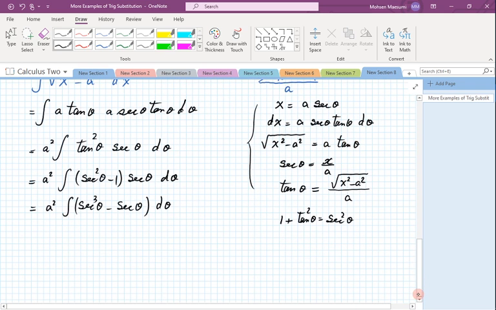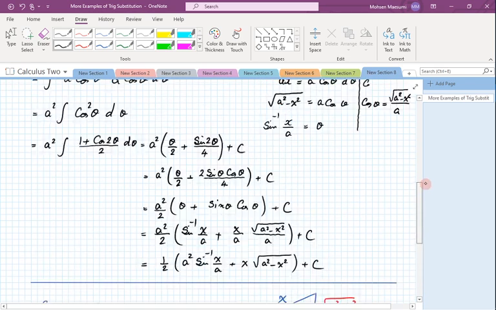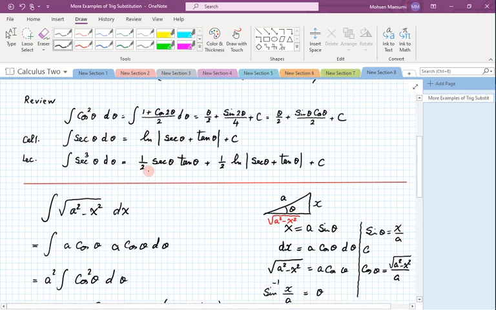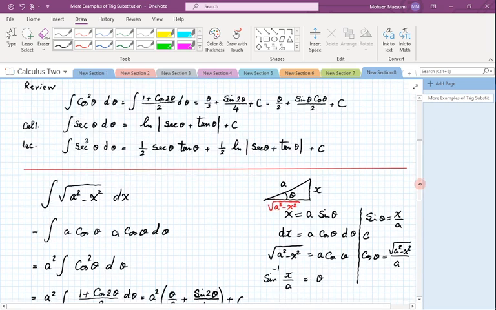So here, rather quickly, what we have is a squared times, so we had secant of theta tangent of theta, we had a factor of 1/2, so let me just put my 1/2 outside.